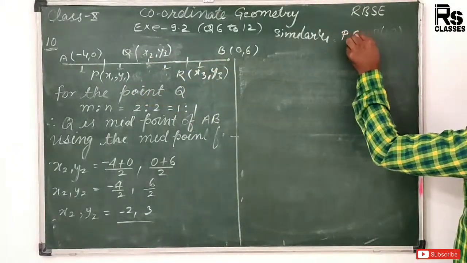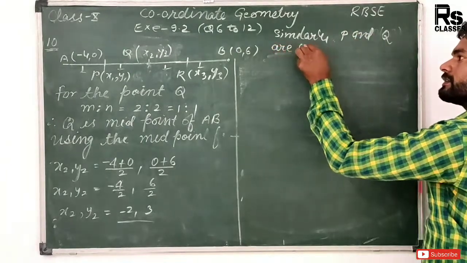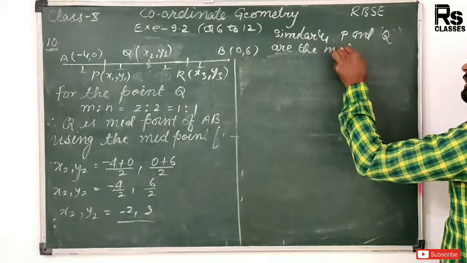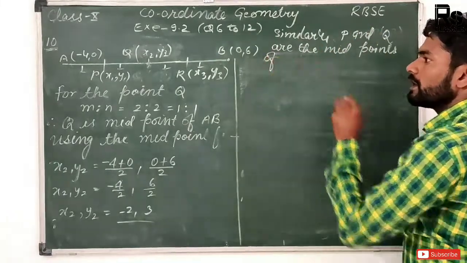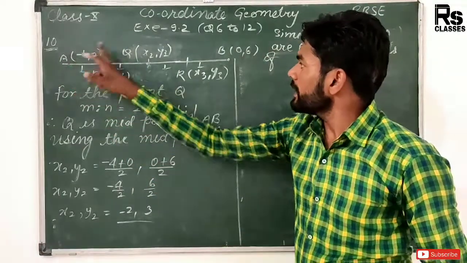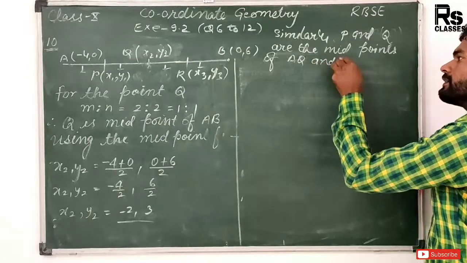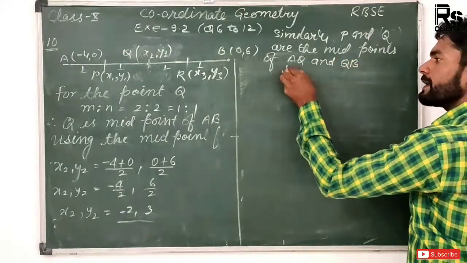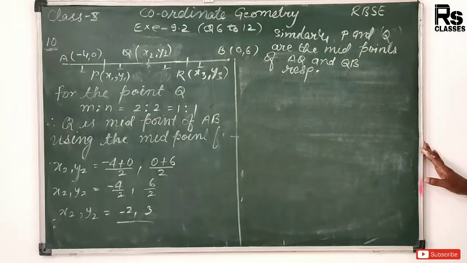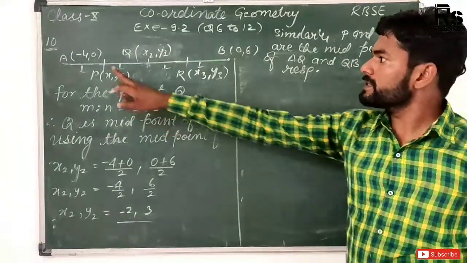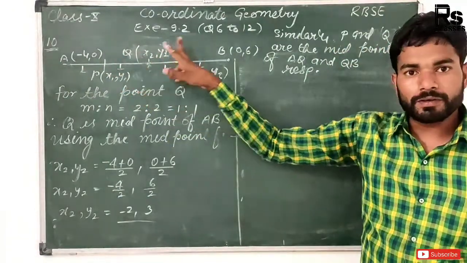Similarly, P and R are the midpoints of AQ and QB respectively. Clear? Now P is the midpoint of AQ and R is the midpoint of QB.